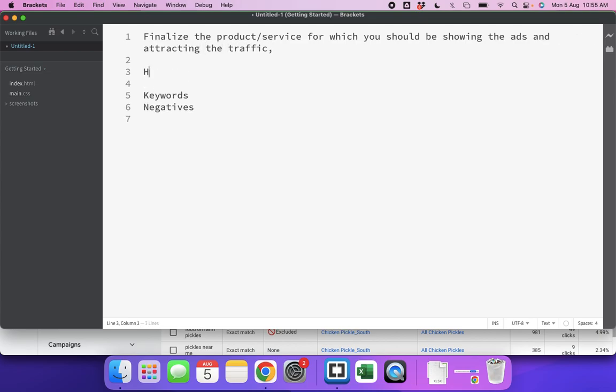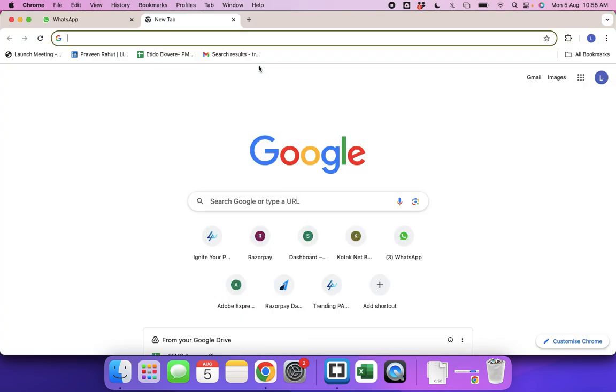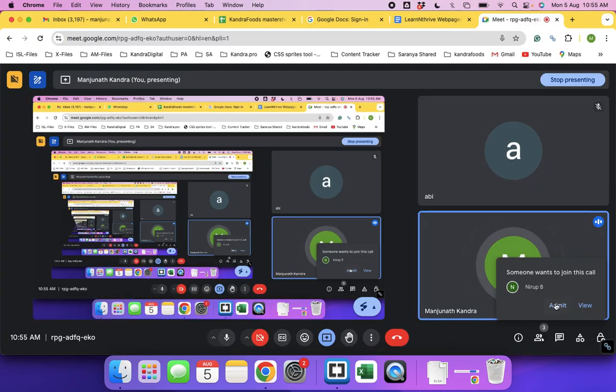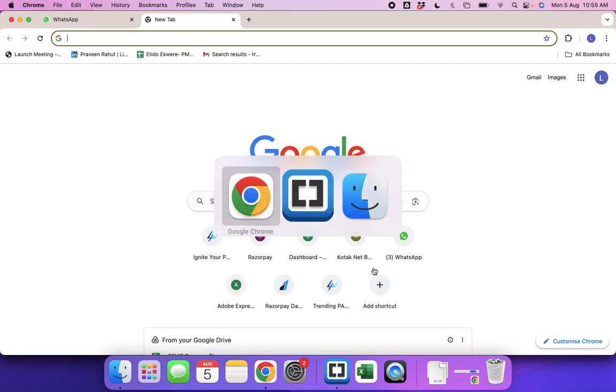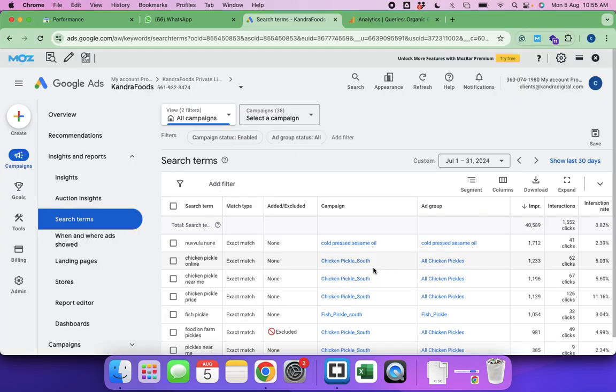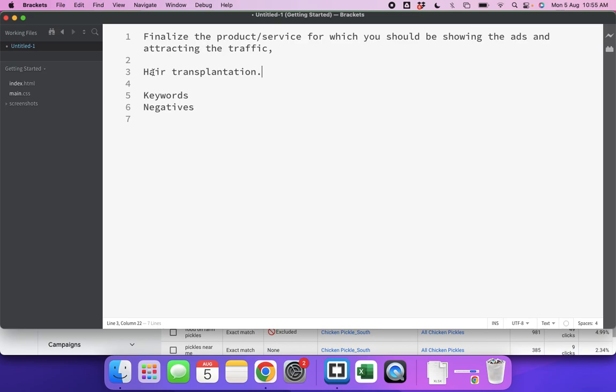So I will finalize the service as hair transplantation. This is the first step, right?